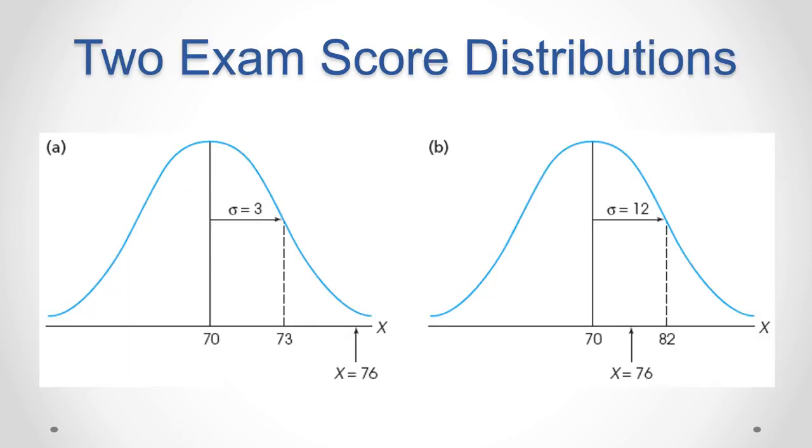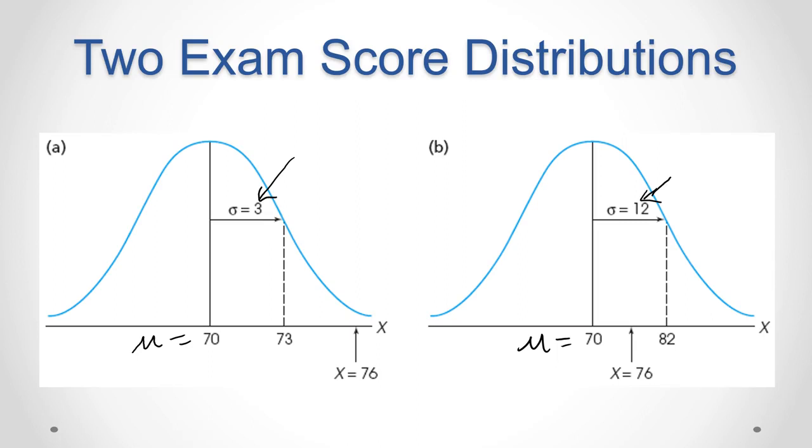Here is an example of how we would compare two different exam score distributions. For both distributions, notice that mu is equal to 70. But for one distribution, sigma, population standard deviation, is equal to 3. And for the other, sigma, or population standard deviation, is equal to 12.